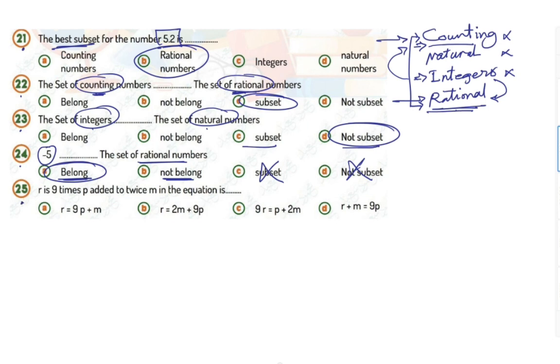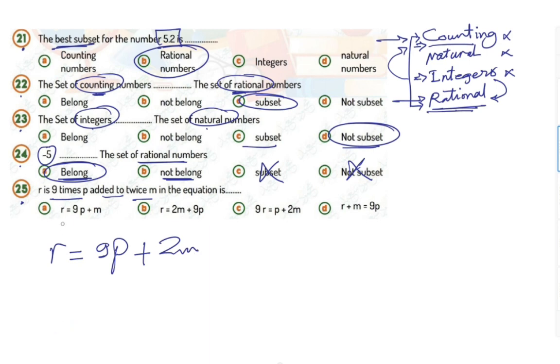Question 25. R is 9 times B added to twice M in the equation is what? Note with me. R, just R, I can write it as equal. 9 times B, just 9B. Added to means plus. Twice M means 2M.